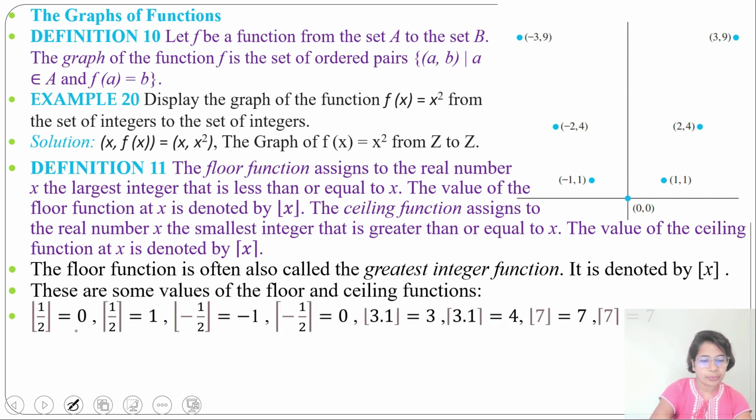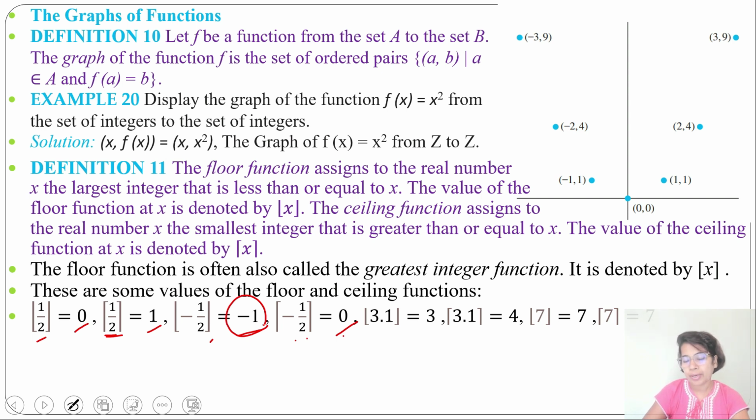For 1/2, its floor function will be 0. For 1/2, the ceiling function will be 1, the smallest number which is greater than 1/2. And for minus 1/2, its floor function is minus 1. For minus 1/2, its ceiling function is 0. 0 is greater than minus 1/2 and minus 1 is less than minus 1/2.